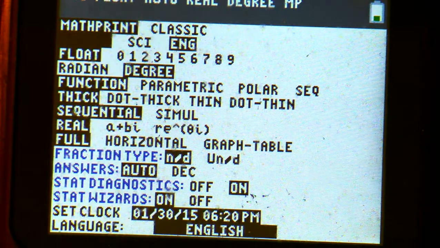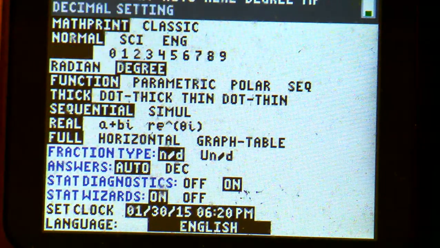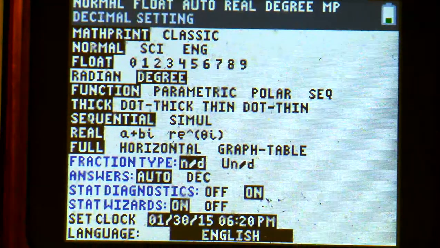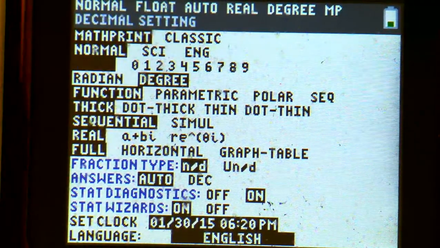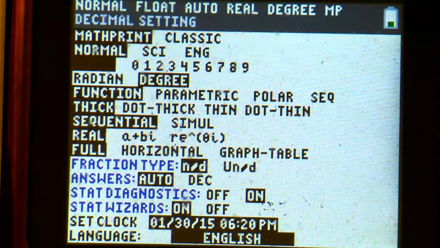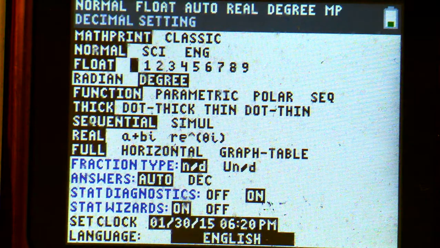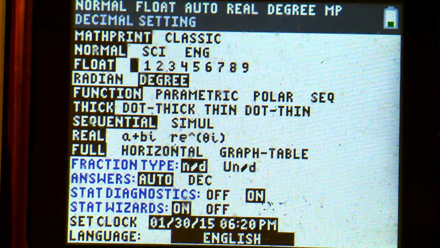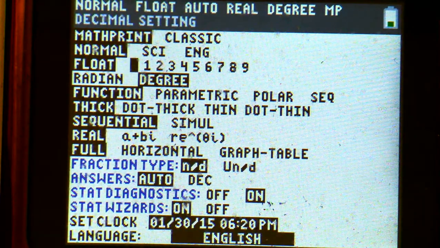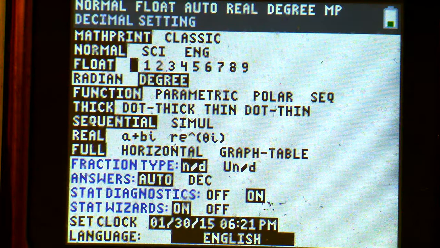Most of the time, I use my calculator in normal mode, same as you. Float means the decimal point goes wherever it seems to fit best for the given problem. These numbers to the right mean override that. If you select 0, it will round everything off to integer format.